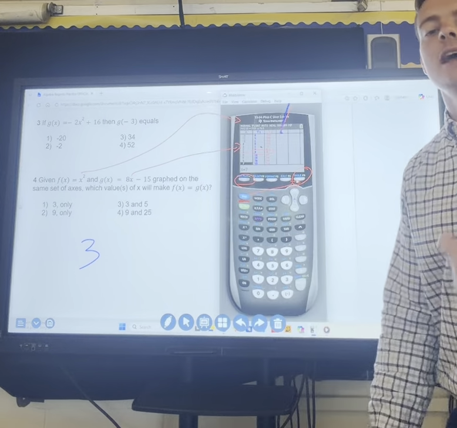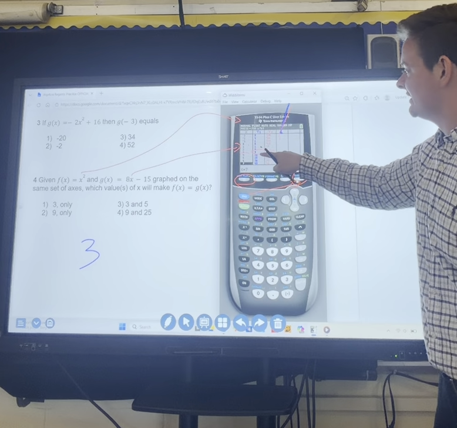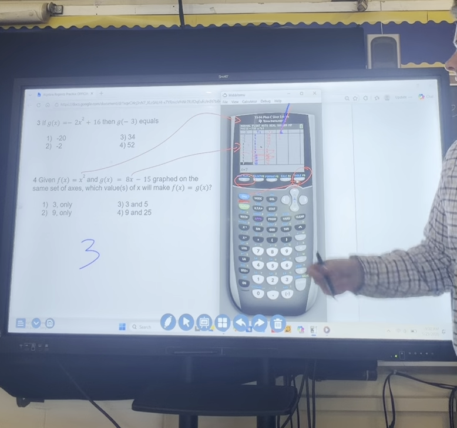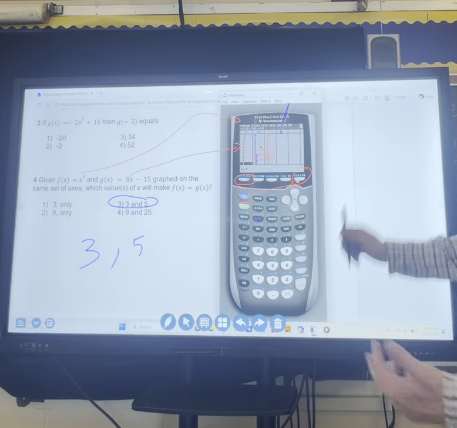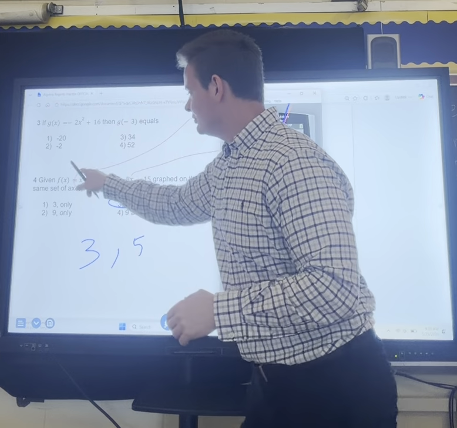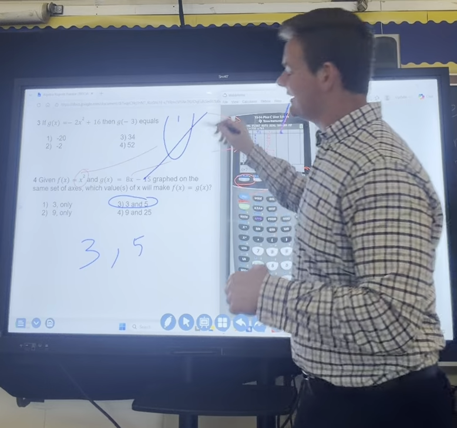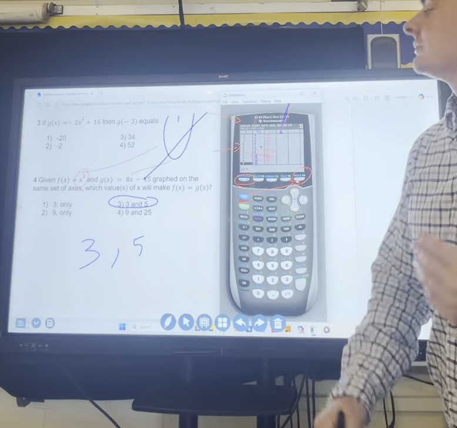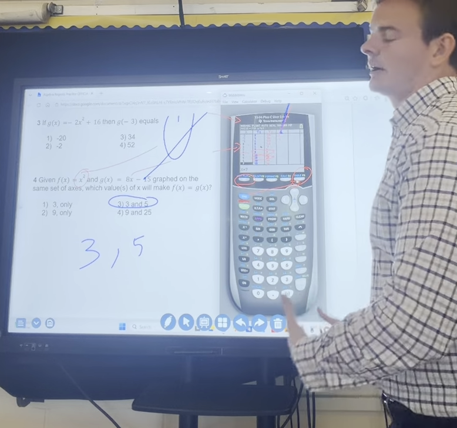Some people are just going to click that right away and move on. However, if I keep looking, 4 is not the same. 5, they're back to being 25 again. And that means they're the same at both 3 and 5. And for that reason, it's 3 and 5. And that kind of makes sense because this is a U shape, right? A U and a line don't always cross twice, but can cross twice. So I should look to make sure if they do cross twice or not.